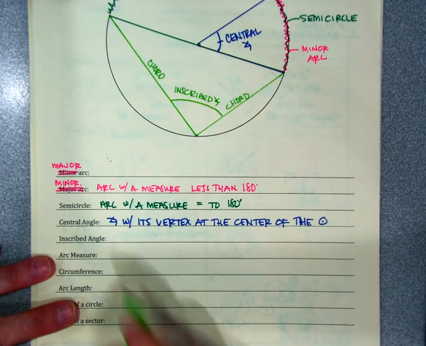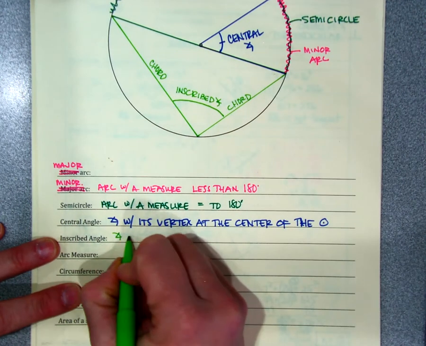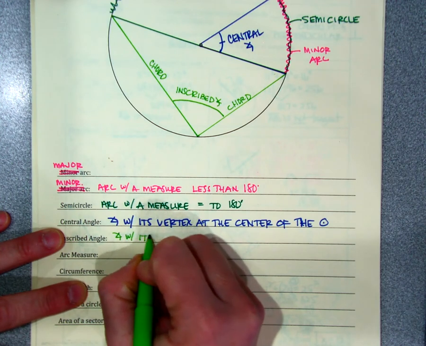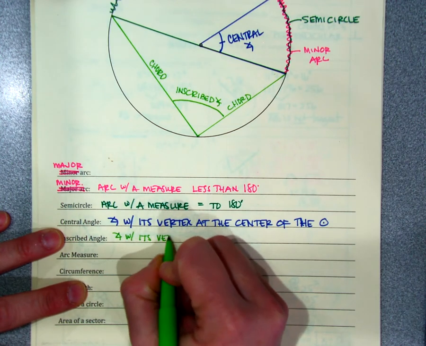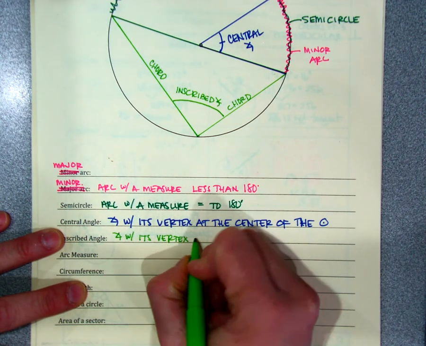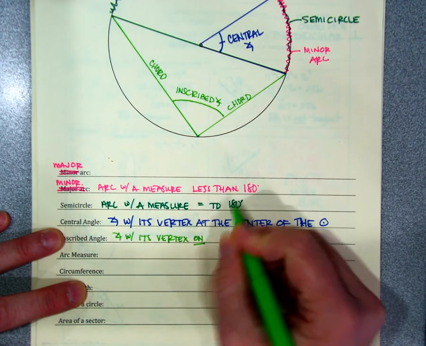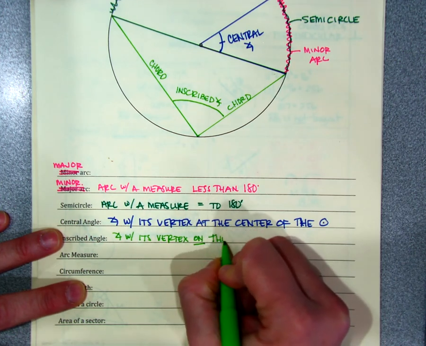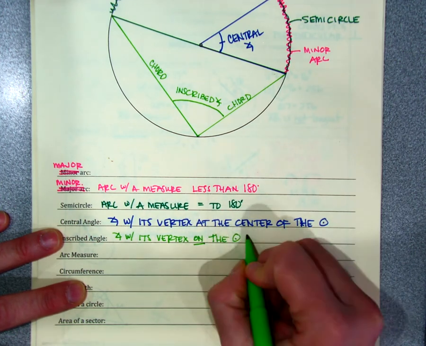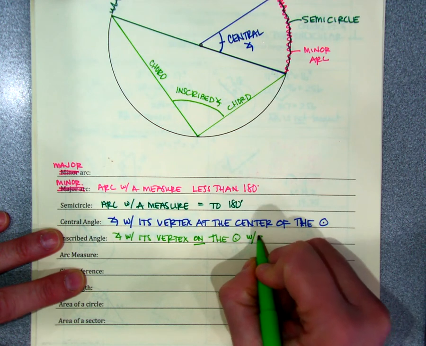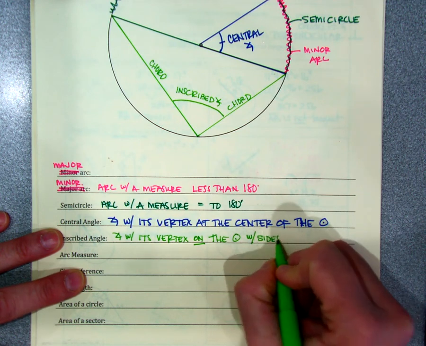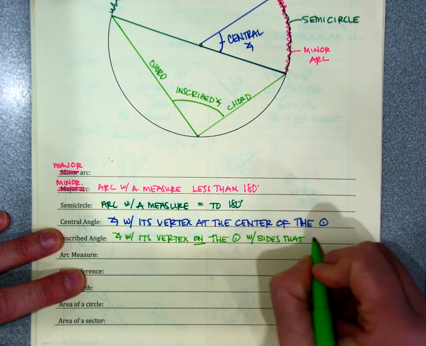So an inscribed angle is an angle with its vertex on the circle, that's the key piece, on the circle with sides that are chords.